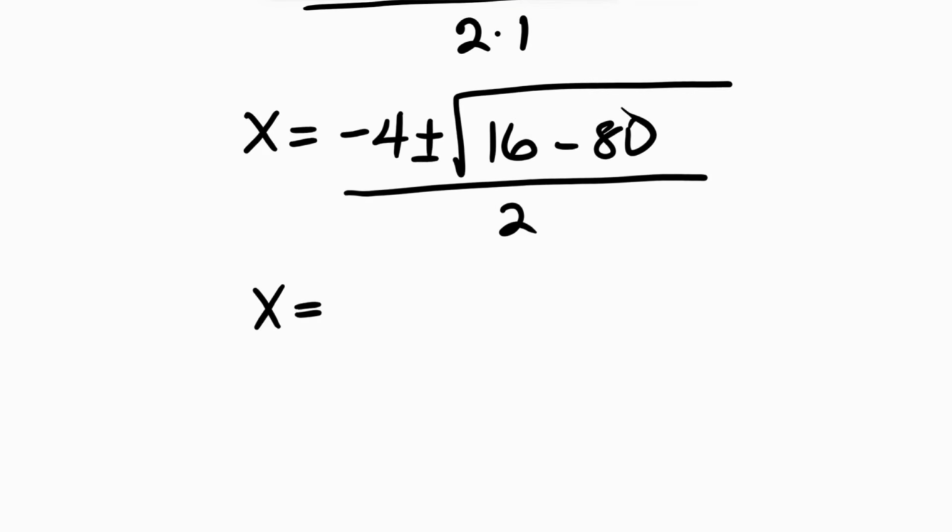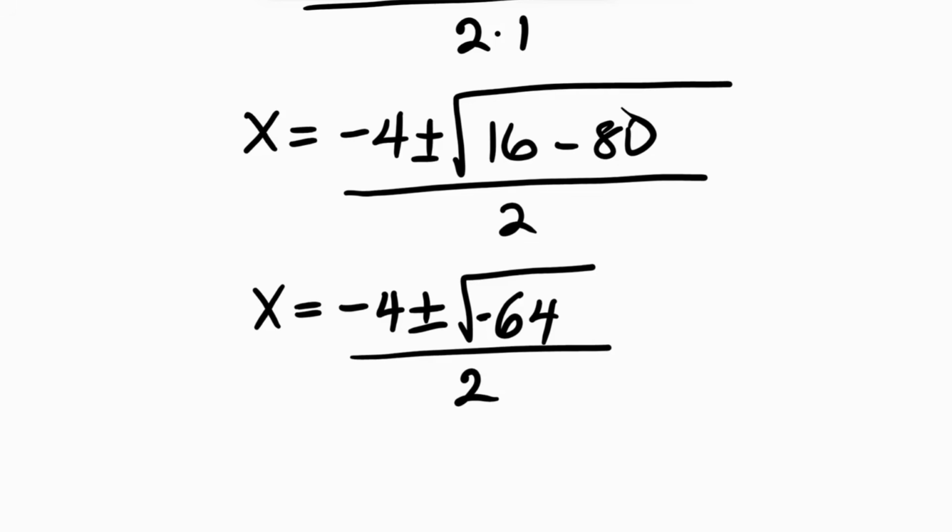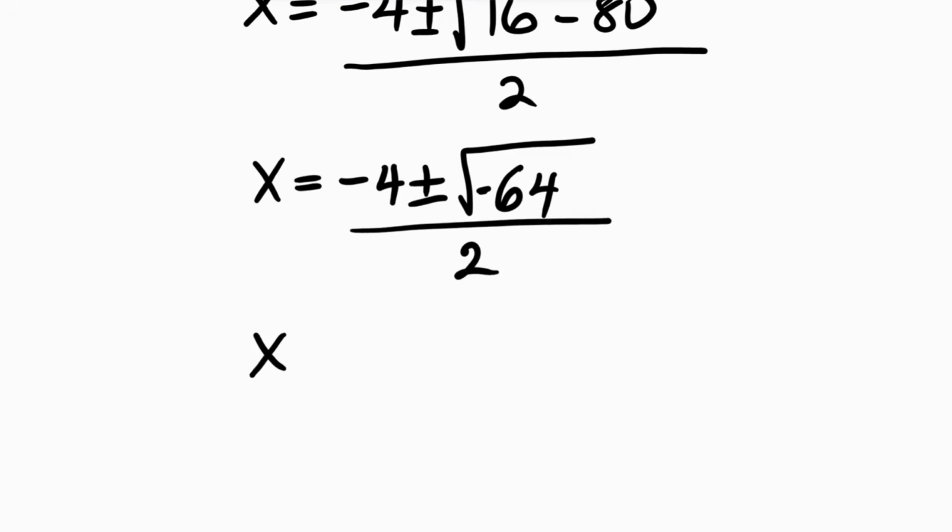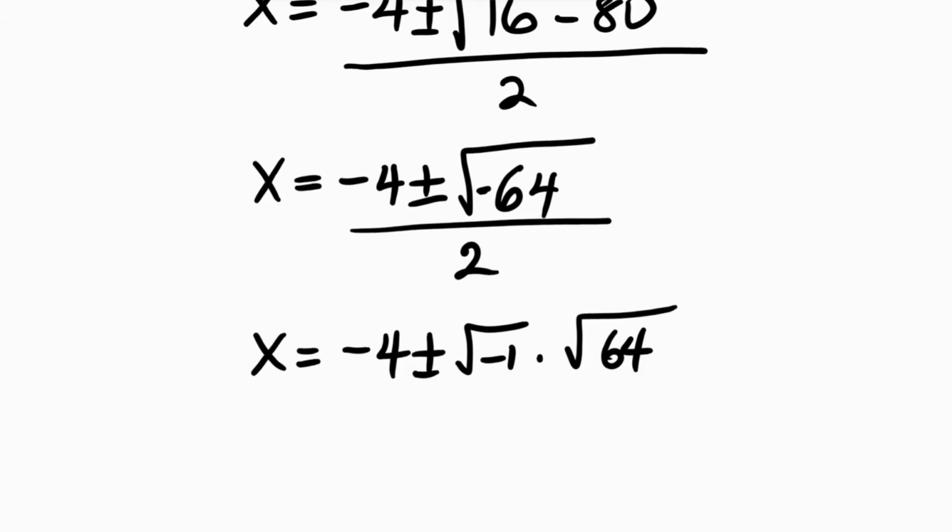So x is equal to minus 4 plus or minus the root of 16 minus 80, which is minus 64, and we have the negative sign, divided by 2. So this becomes minus 4 plus or minus root of minus 1 root of 64, all divided by 2.